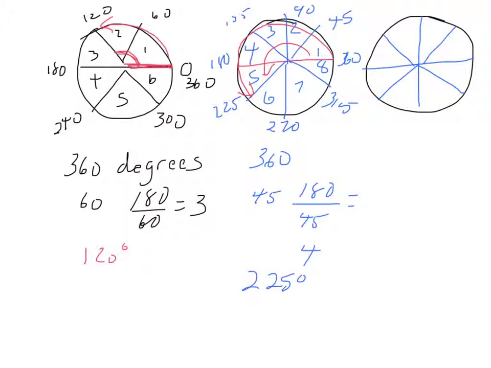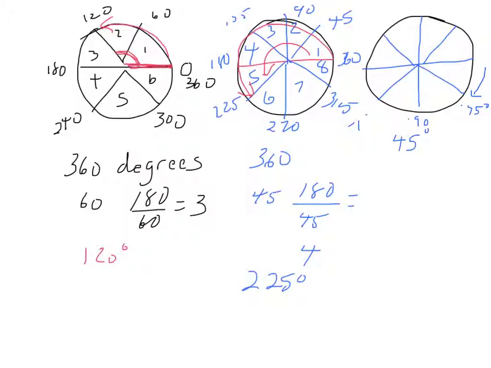Demonstrating a negative angle, let's say I want to divide into 45-degree parts again. So I still have 8 of them. If I want a negative angle, though, instead of going counterclockwise, I'll go clockwise. So that means this first angle is negative 45. Next one is negative 90.